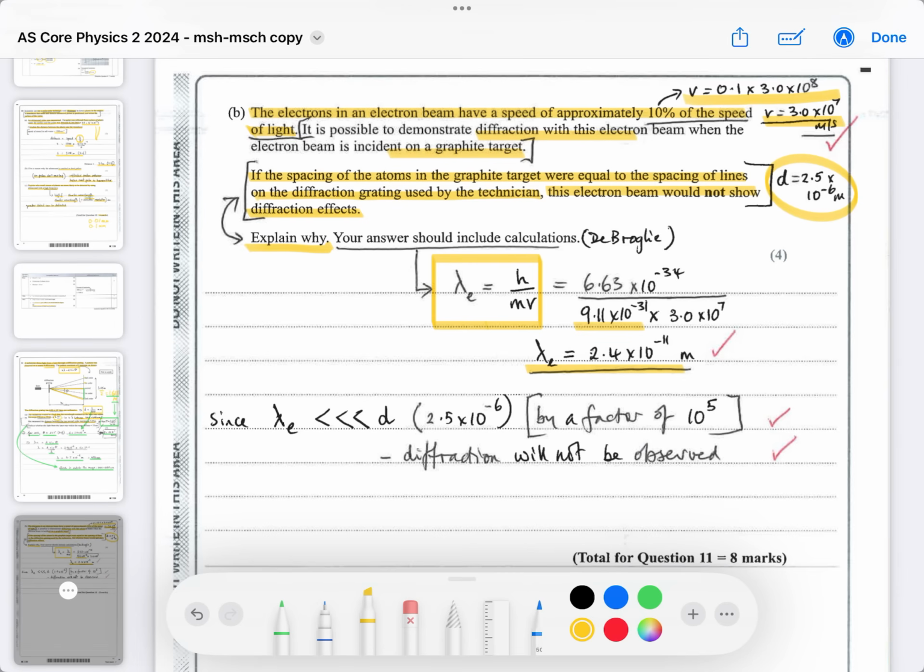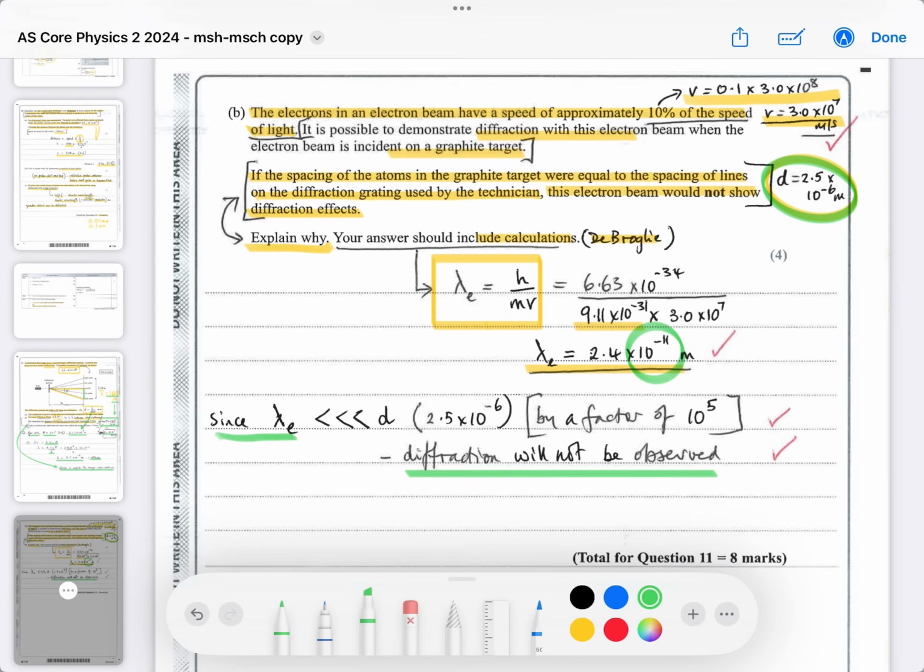So using the calculations, de Broglie, we work out that the wavelength of the electrons is about 10 to the minus 11 meters, whereas the diffraction grating that we were using in part A has gaps of 10 to the minus 6 meters. So diffraction will not be observed, because you need the wavelength and the gaps that they're going through, which will be the slits, to be approximately the same size.